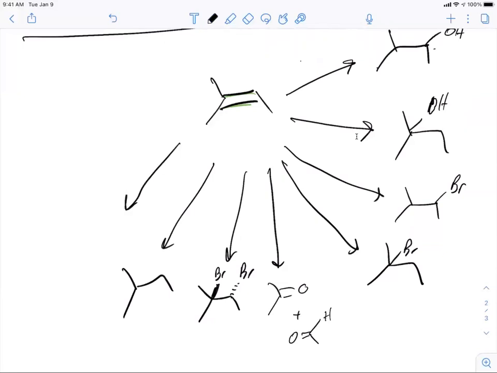We can make the trans diol. We can make the halohydrin.